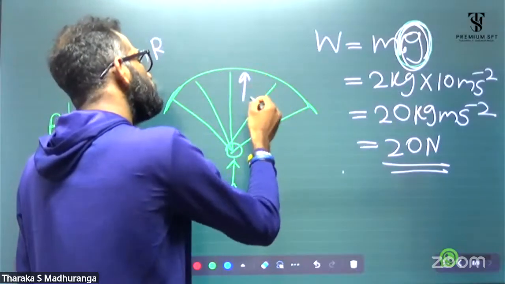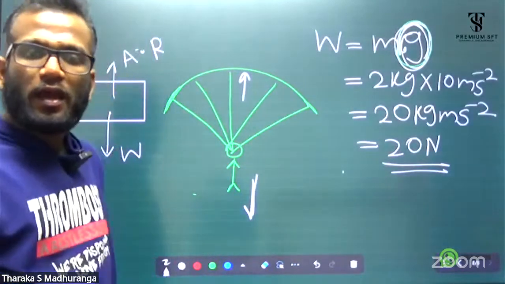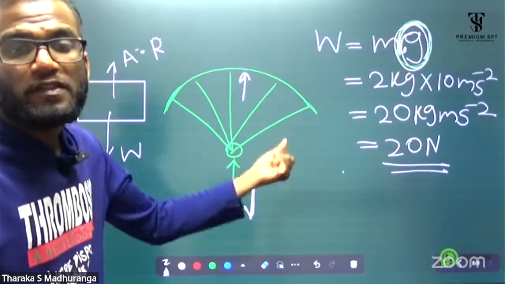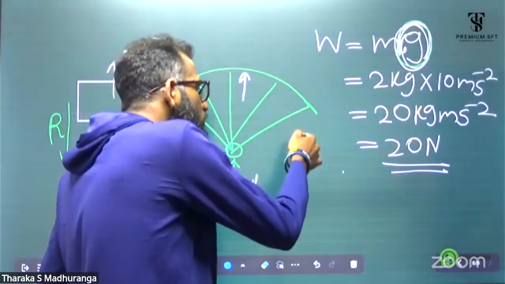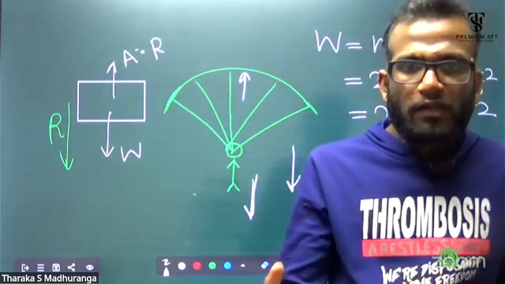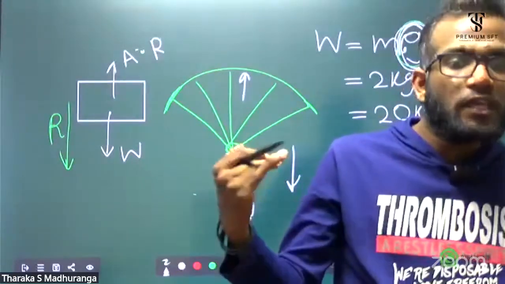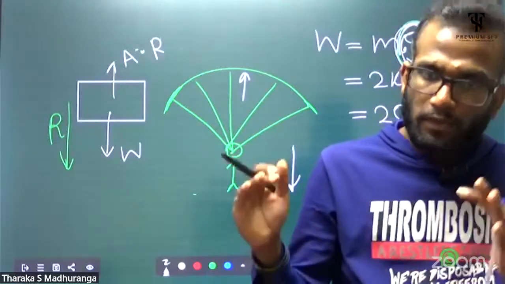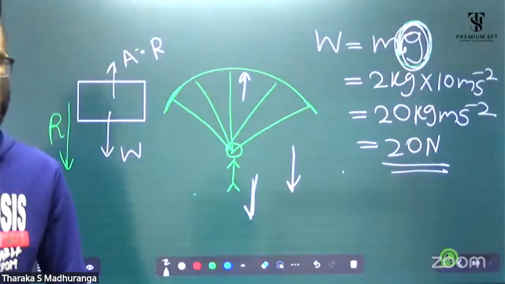Sometimes the air resistance is equal to the weight, or the air resistance is greater. That's why it moves with uniform velocity, normally uniformly downward. The reason is the air resistance is equal to the force of gravity, equal to the weight of the person. Are you clear? They are very simple practical things.